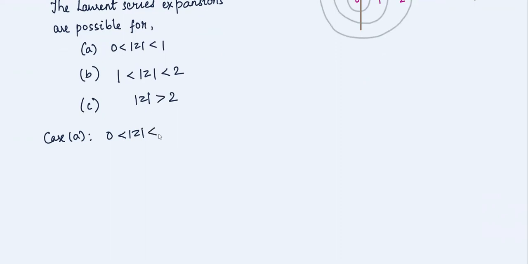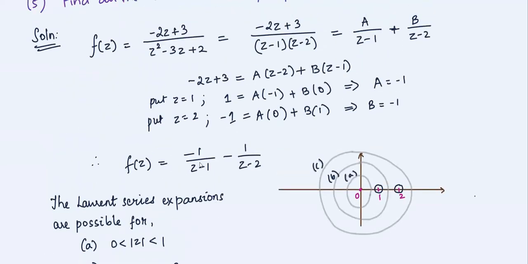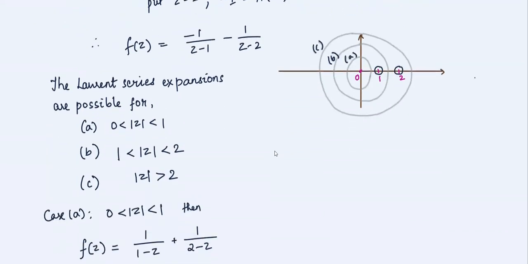Mod z lies between 0 and 1. Then f of z is 1 by 1 minus z plus 1 by 2 minus z. Okay, z minus 2, so I have taken this minus sign inside.